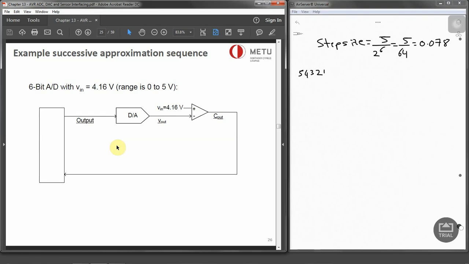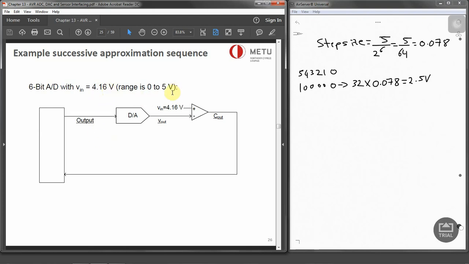The first bit is set to be 1. When the first bit is set to be 1, that gives us a value of 32. So that 32 is going to be multiplied with our resolution, which is 0.078, and this will give us 2.5 volts. Now, this is 2.5 volts and our input is 4.16 volts.